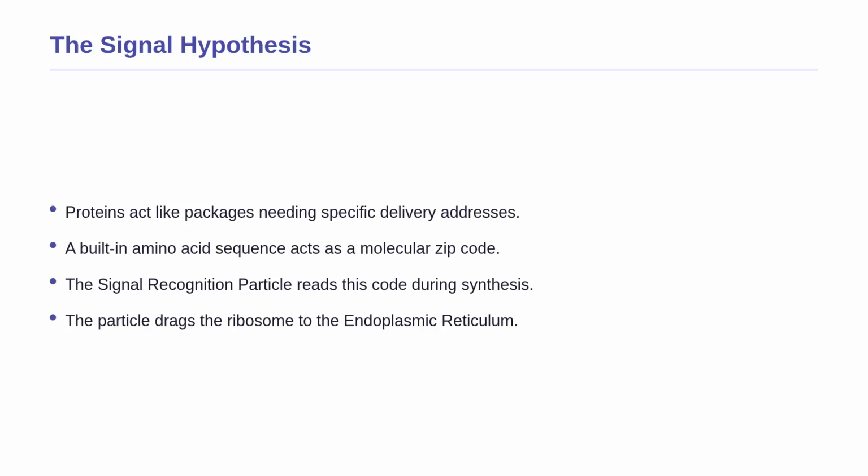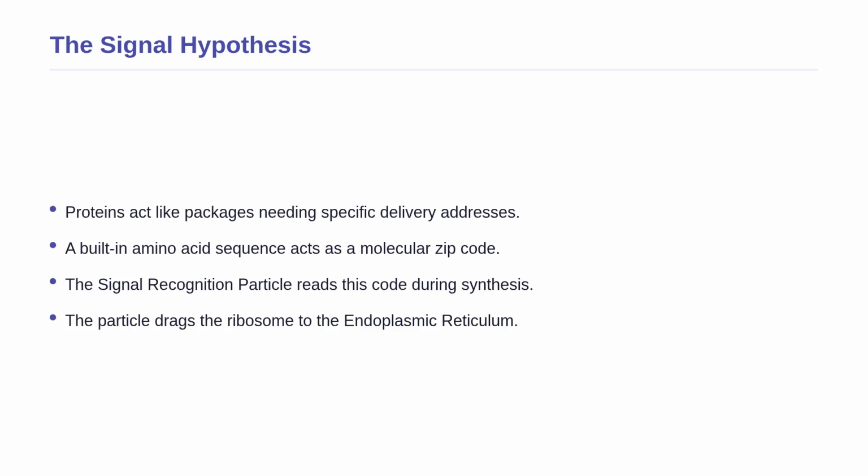To begin, let us understand why this matters. If highly destructive digestive enzymes accidentally end up in the cytoplasm, they would digest the cell from the inside out. To prevent this, the cell uses a brilliant system called the signal hypothesis.